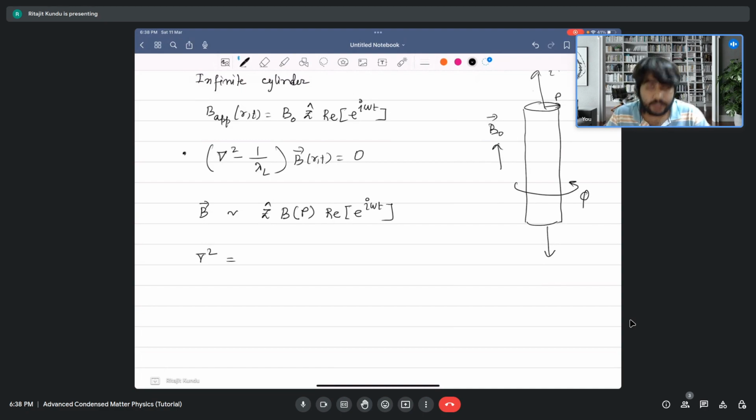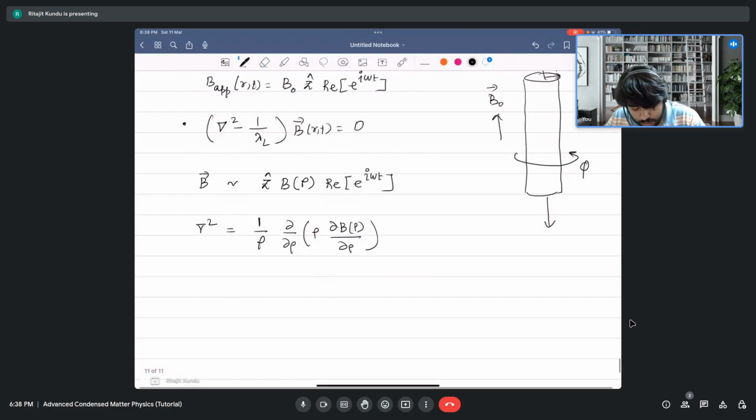Because we have only a rho-dependent function, the expression is not that complicated: the Laplacian is 1 by rho, del by del rho of rho times del B of rho by del rho. There are no other terms, because other terms would be proportional to del phi and del z, but the solution we are trying to find doesn't depend on phi or z.